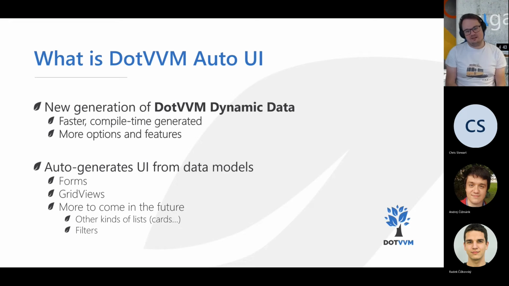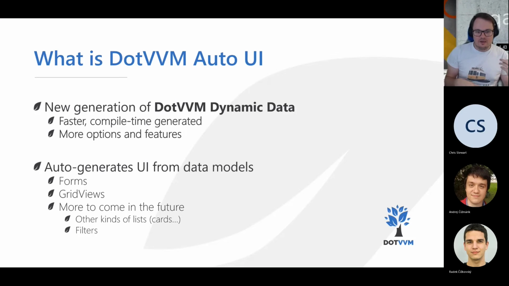One thing is that it wasn't an integral part of the framework, so it wasn't a first-class citizen in DotVVM. Sometimes it took us a couple of days or weeks until we released the new version for the new version of DotVVM, and now it's hosted as part of the DotVVM repo.